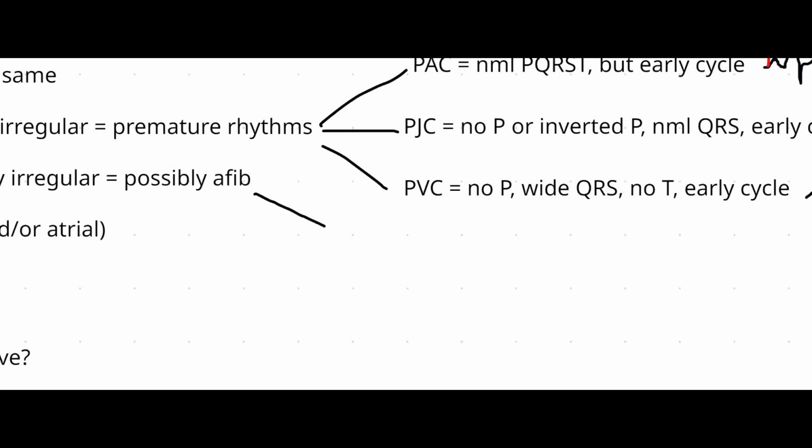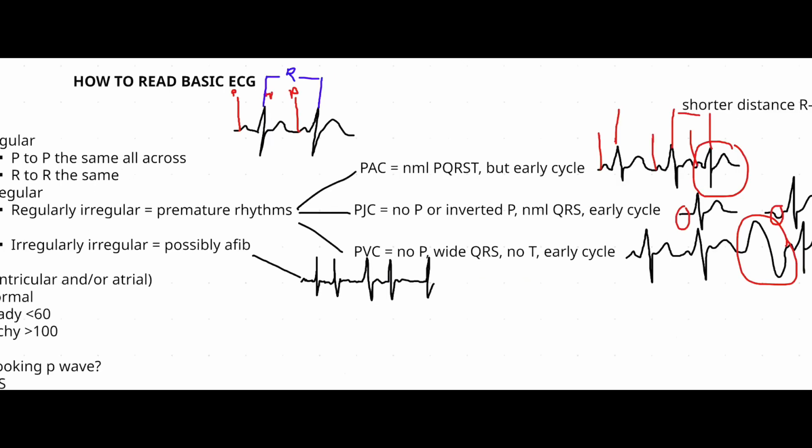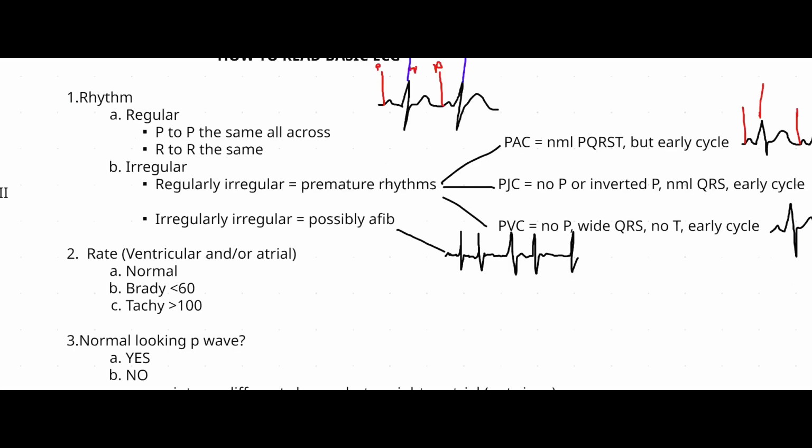QRS. Okay. Irregularly irregular. So the R waves don't have any type of pattern whatsoever. Okay. So when you hear yourself say, okay, I don't see any pattern, it's not like regular, regular, irregular, right? It's irregularly irregular. That's possibly a fibrillation. Okay. And actually, let me correct that because it's possibly a fibrillation.